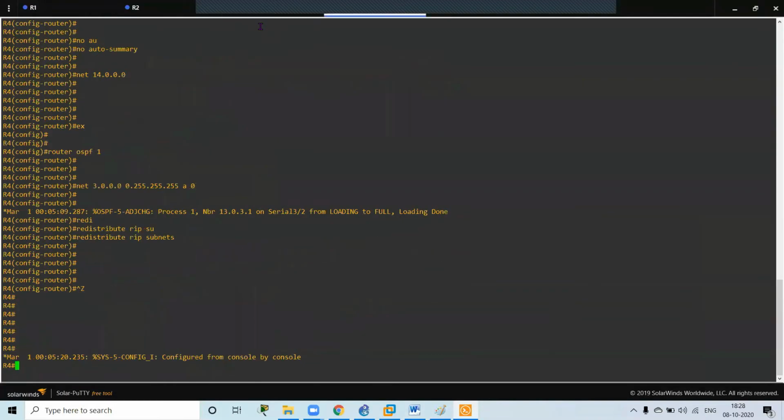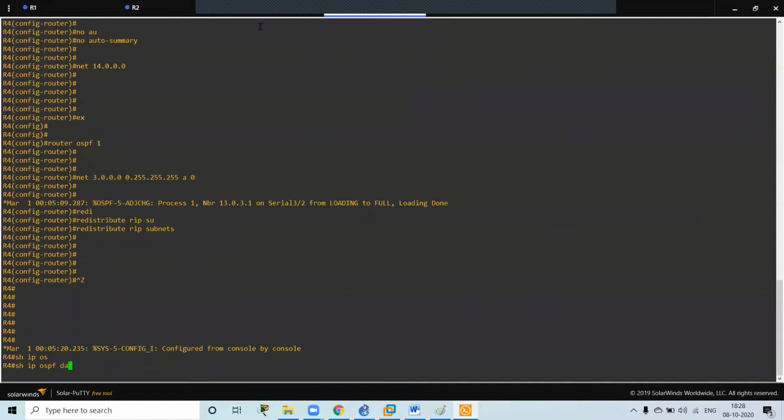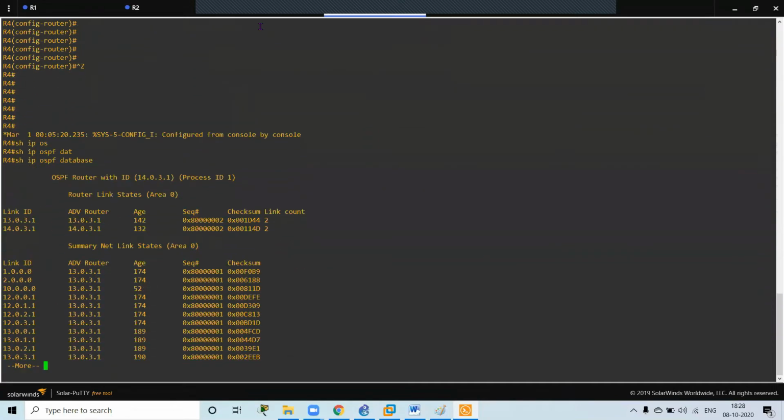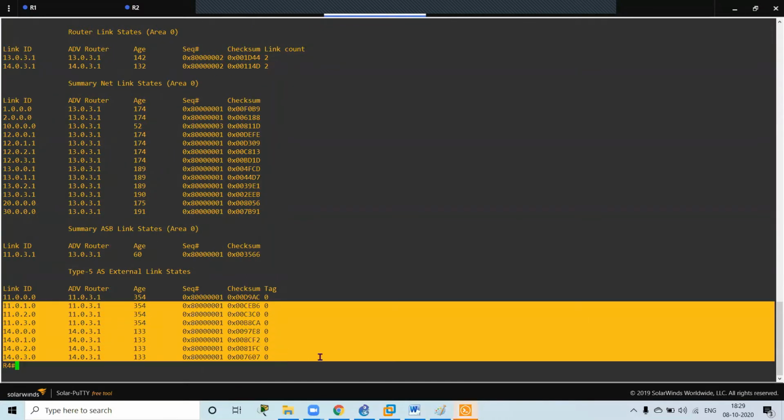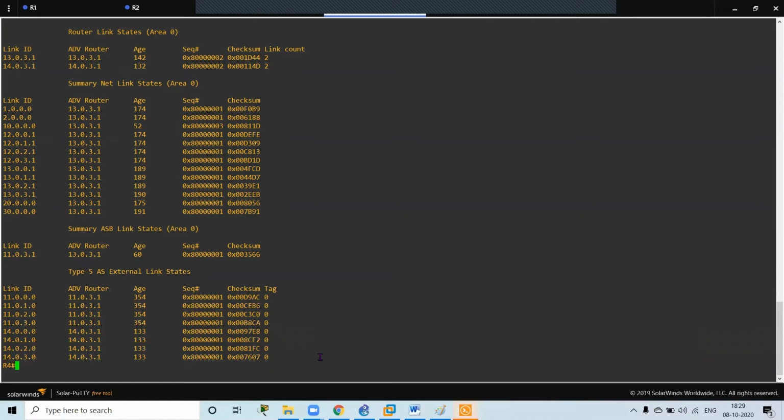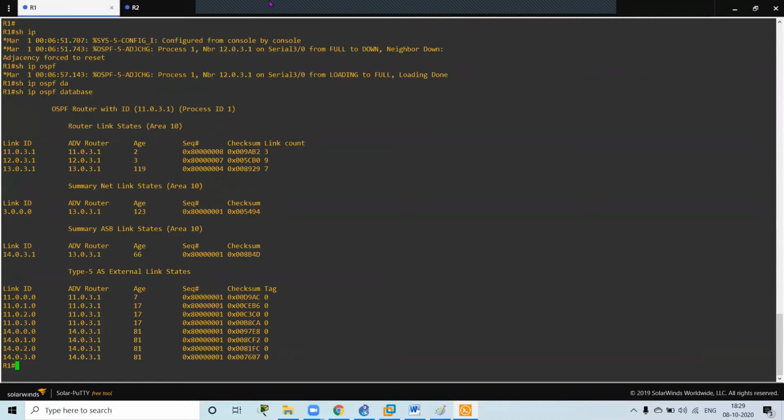If I go on R4 also, show IP OSPF database, here also I am getting all the routes. The LSA type 5 also I am getting over here, external LSAs. And type 5 is the OIA?